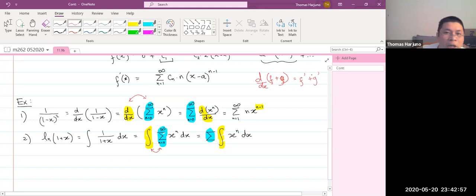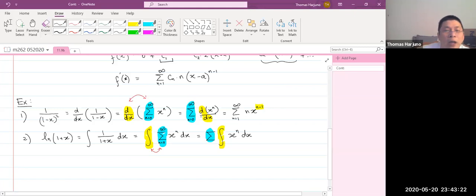That's what they call linear in that kind of sense. The derivative of a sum equals the sum of derivatives, right? The integral of a sum equals the sum of integrals. So using that idea, we can interchange the integral and summation, the derivative and summation.